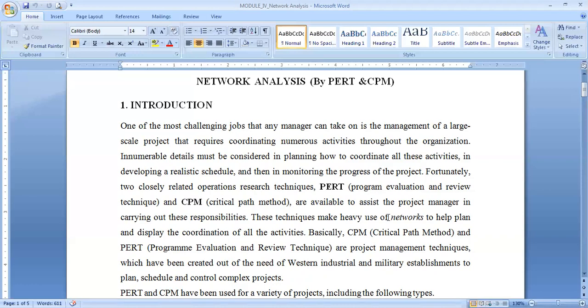One is the different activities. The second is the interrelationship between the activities. And the third is a definite start and end and the time associated with each activity. These are the three things which are represented graphically in PERT and CPM, that we call a network.